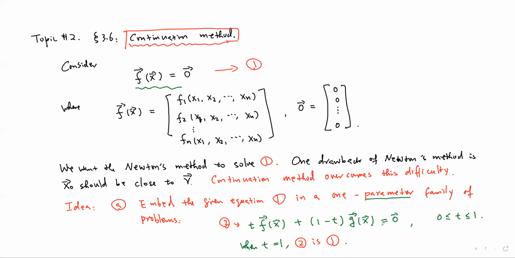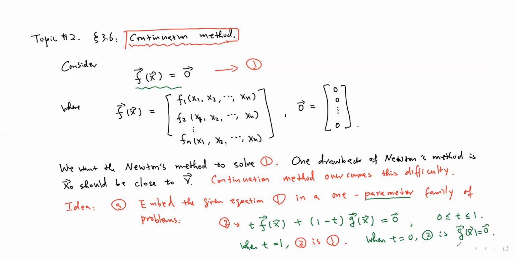All right. Then how about the other extreme case? When t is 0, plug in 0 for t, then equation 2 is: the first term is gone, the second term is g of x. What is g?